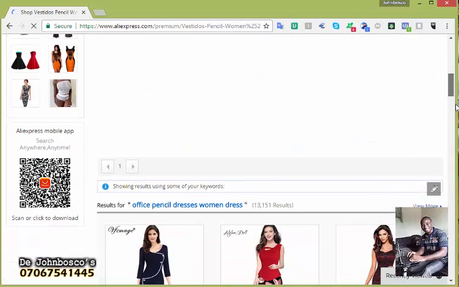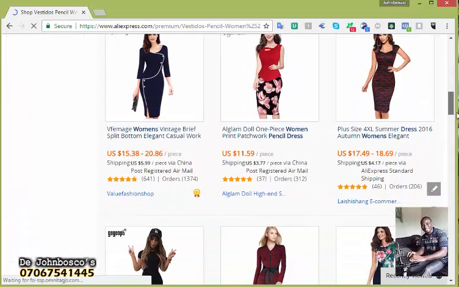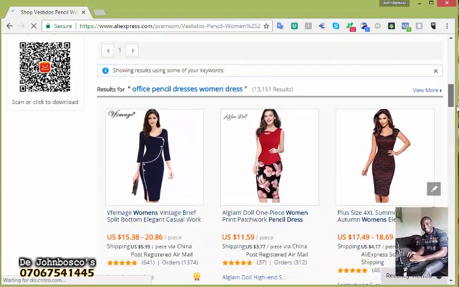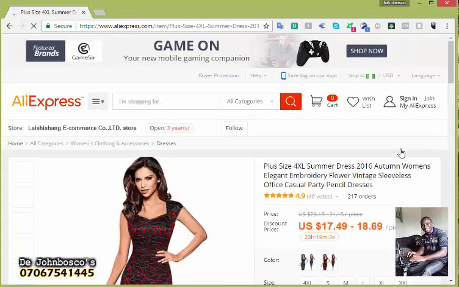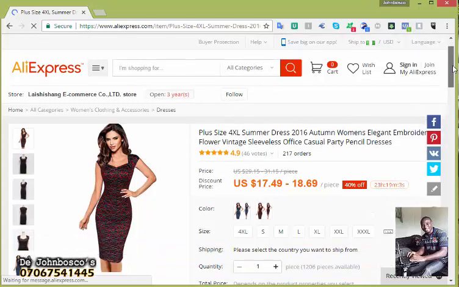So let's take for example, we want to order this item. It's a beautiful one. Which one do I like? I like this. It's beautiful. Let's use it for the example. So now, before I place this order, I would want to look at a couple of things.